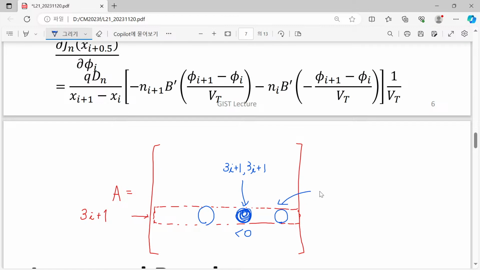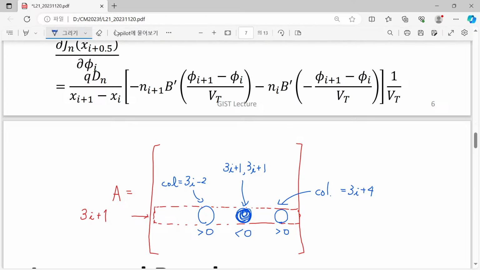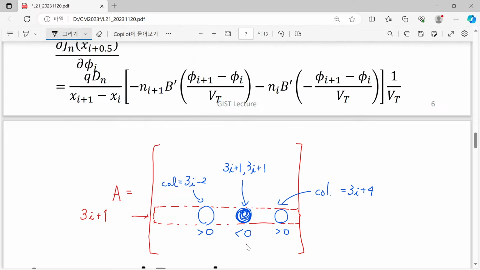Its column index is 3i plus 4, or its column index is 3i minus 2, and we can say that this is positive and this is positive. So I'm just repeating my previous argument once again with this sketch of our Jacobian matrix. The point is, they have distinct signs.